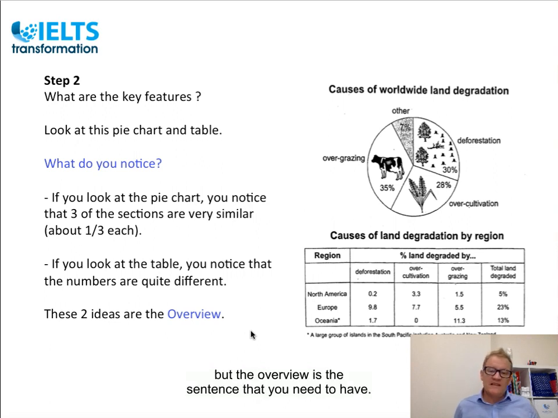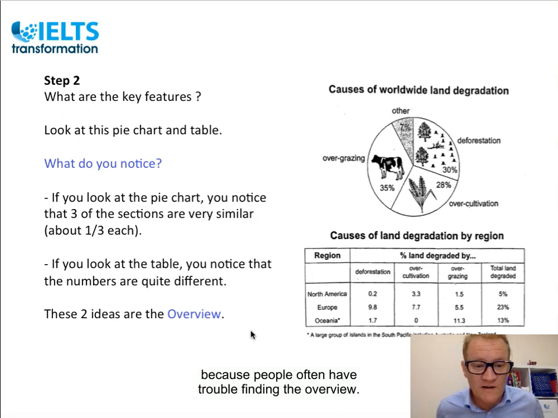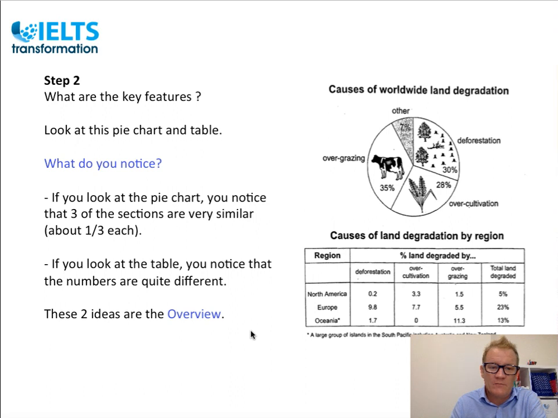But the overview is a sentence that you need to have. There's another lesson on this separately because people often have trouble finding the overview. So that's how we get our overview. We look at the information and we notice what's the same and what's different. Okay.